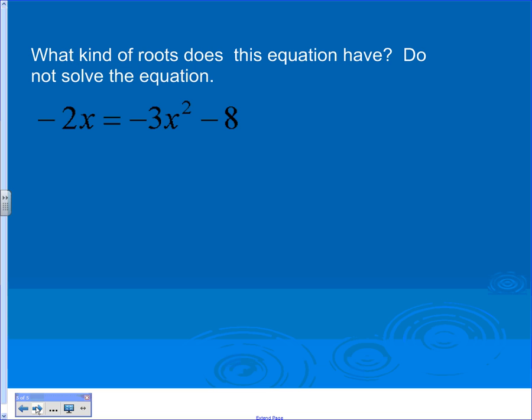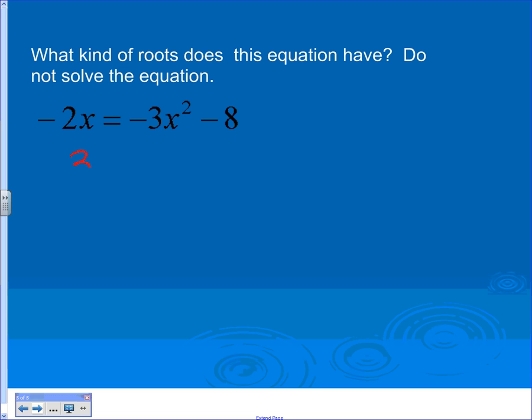Negative 2x equals negative 3x squared minus 8. So we don't put that in the b squared minus 4ac. Is it in the correct form right now? What do I need to do?